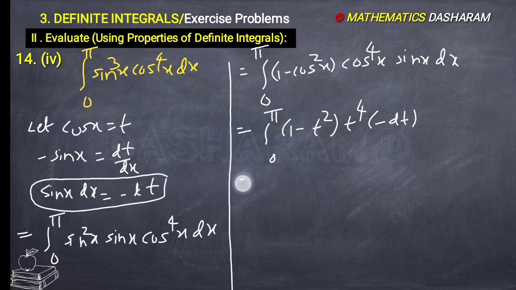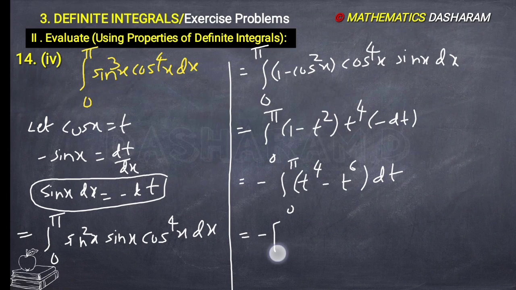So then here minus 0 to pi, 1 minus t square multiplied with t to the power of 4. So t to the power of 4 minus t square into t to the power of 4 is t to the power of 6 dt. As per property number 4, we can apply the integration for each term separately. So t to the power of 4 integration is t to the power of 5 by 5 minus t to the power of 7 by 7, 0 to pi.